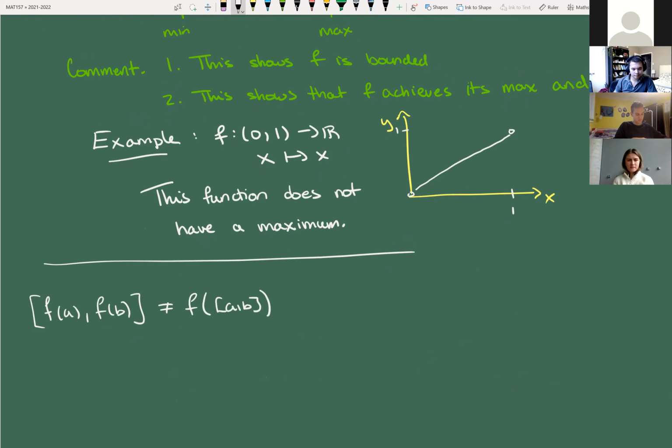Those can be very different. And generally, if f is continuous, you can guarantee a subset relation. So the left is a subset of the right. That's actually what the intermediate value theorem says. So if f is continuous, then this is true. This is the IVT. But if f is not continuous, you can't even guarantee that, right? So the intermediate value theorem can be thought of as guaranteeing that you can put a subset here, which is maybe a nice way of thinking about it.